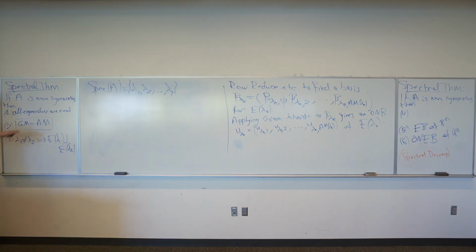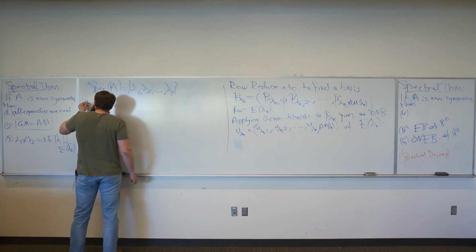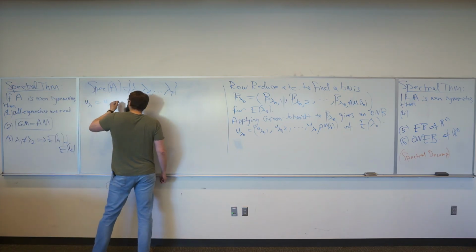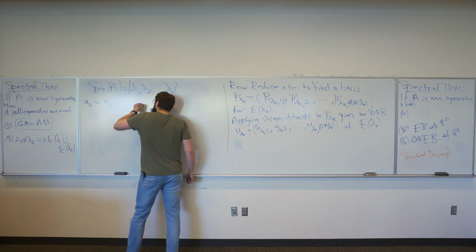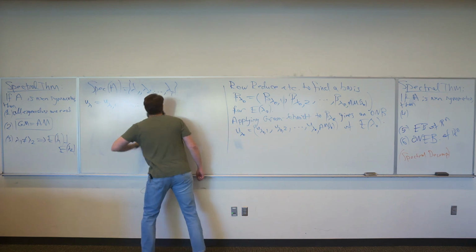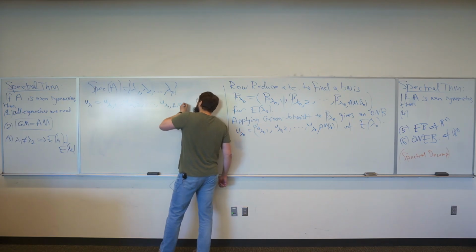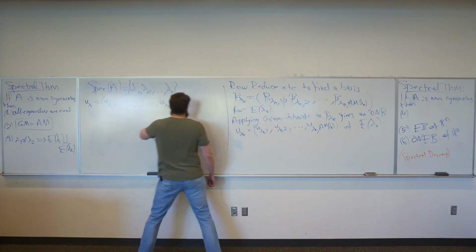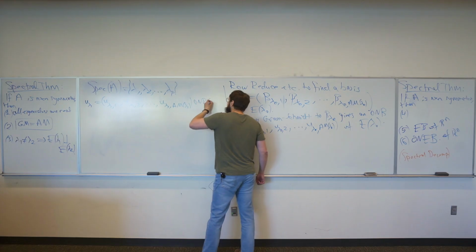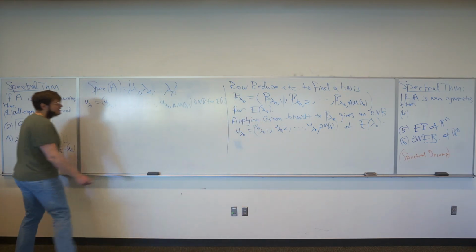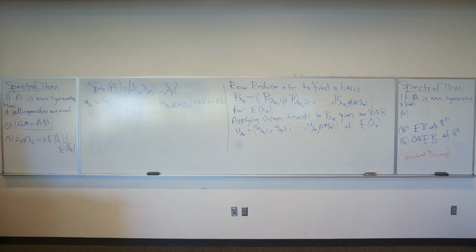Some of them might have AM 2, 3, whatever. So I have U sub lambda 1, an ONB for the eigenspace associated to lambda 1.